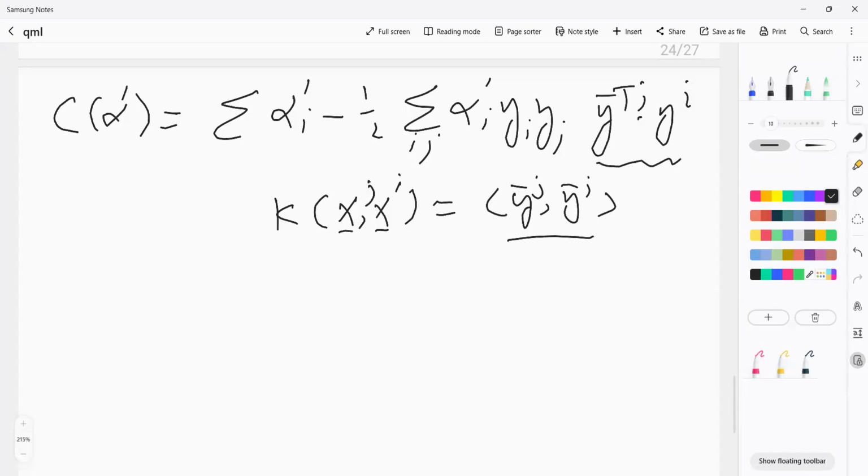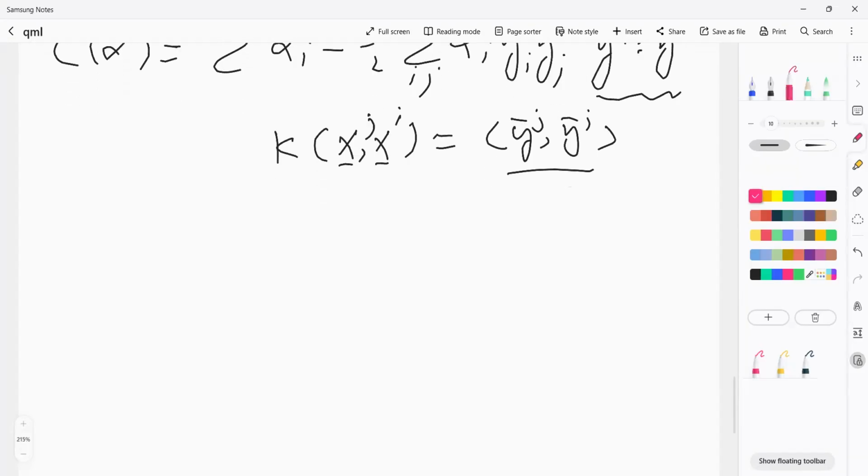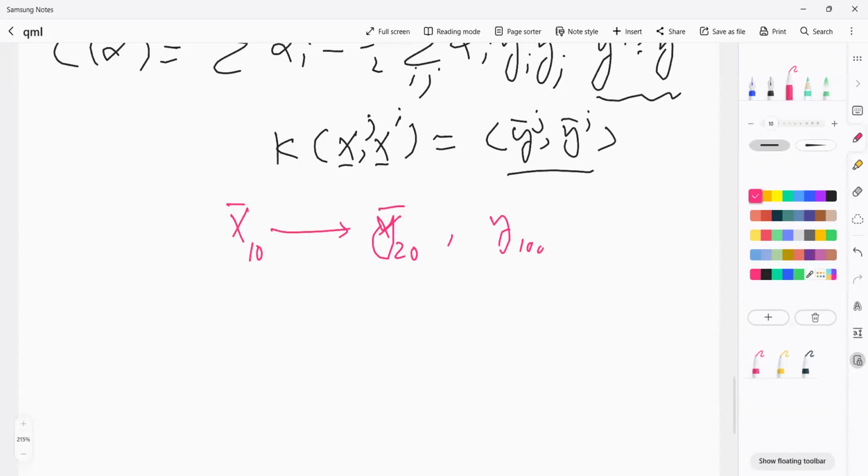Let's now see where the quantumness comes in. So classically, let's say our x vector is 10 dimensional, and the data is all jumbled up, and we might have to go to maybe a 20 dimensional vector y to be able to separate it, or maybe even higher, maybe 100 dimensional.